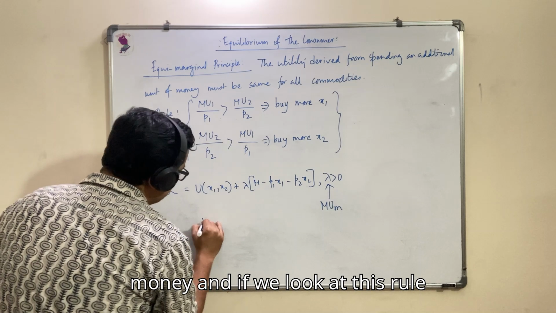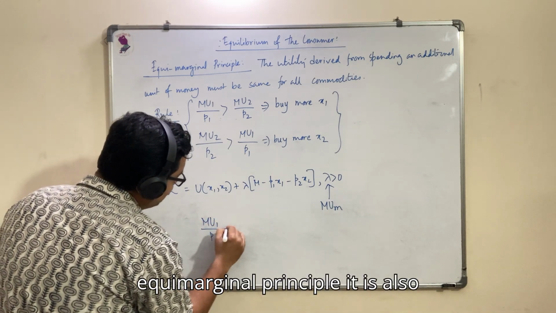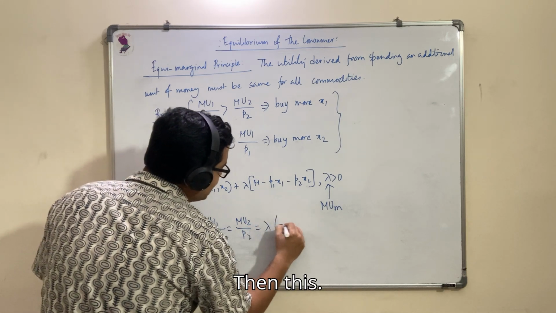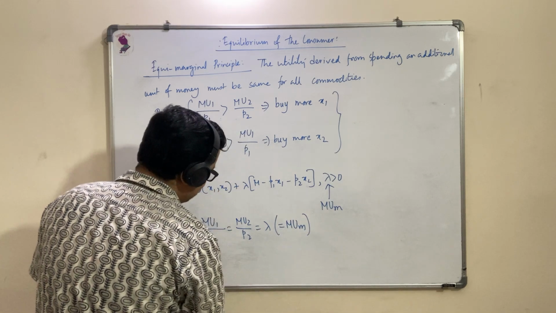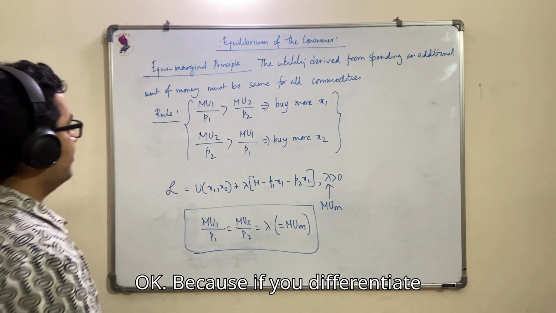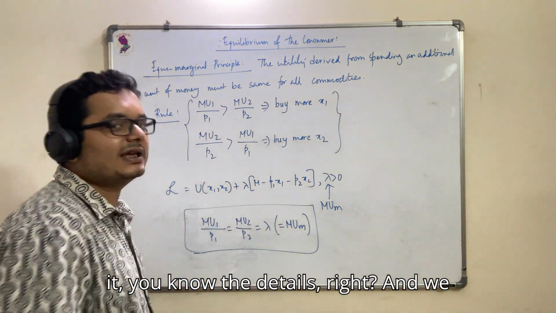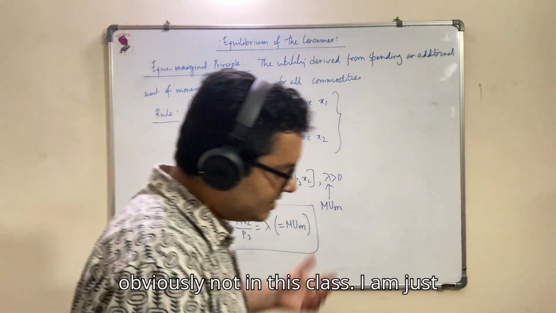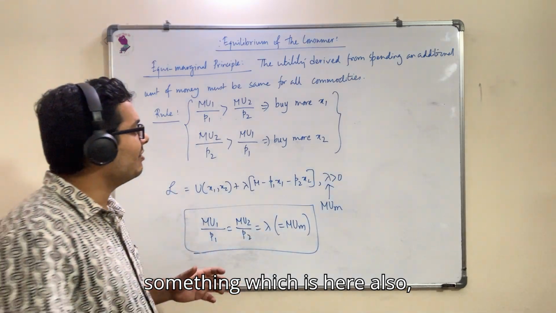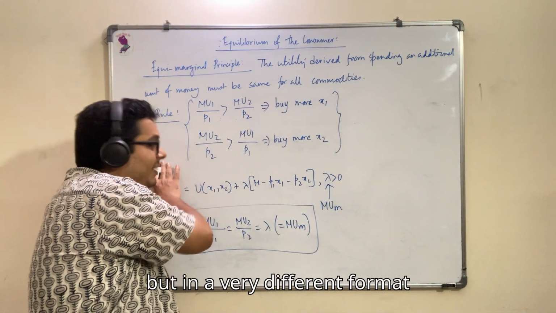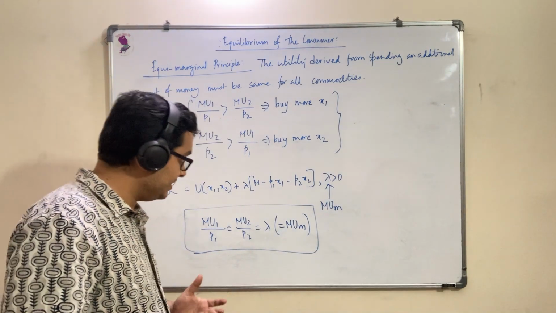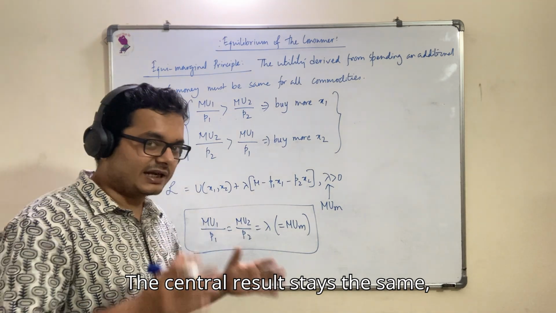And if we look at this rule, the Equi-marginal principle, it is also saying the same thing, that this is true. Okay, because if you differentiate it, you know the details, right? And we will work on the details, but obviously not in this class. I'm just referring to it to understand that this is something which is here also, but in a very different format, under a very different construction. The central result though stayed the same.